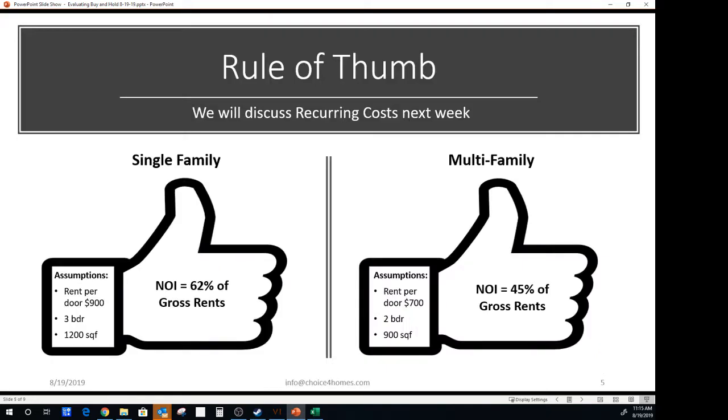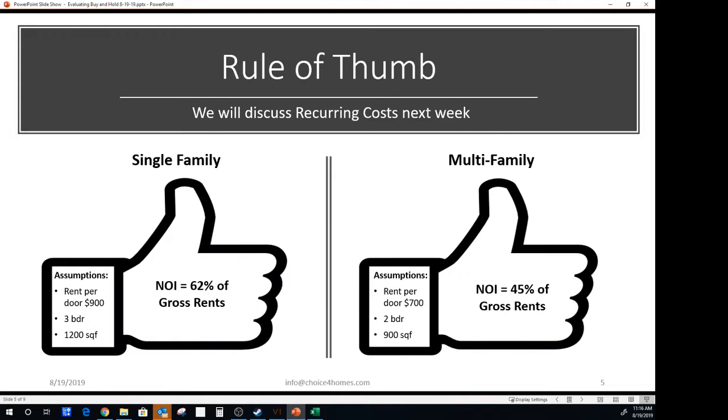I've decided not to go into an in-depth discussion of operating costs of a portfolio today. We talked a little bit about it last week, where I gave this rule of thumb: if you're looking at a portfolio of single-family homes, or a single-family home that rents at around $900, nothing special, one-story, 3-bedroom, 1 to 2 bathroom, your operating expenses should be between 35 and 40% of your gross rents.